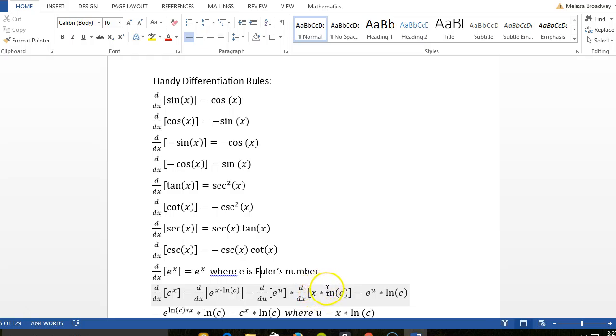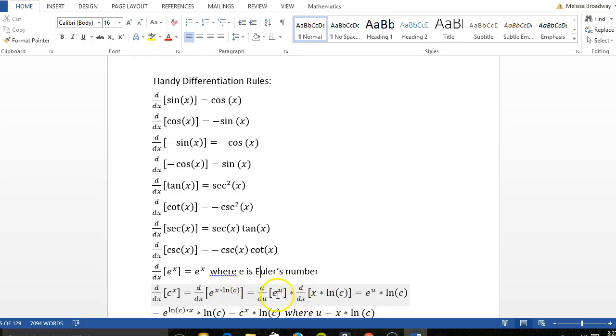Remember, u and g of x are the same. You can think of c to the x as e to the x ln c. G of x is x times the constant number ln c. F of u is e to the u. Okay, so this is f composed g, and we get this.